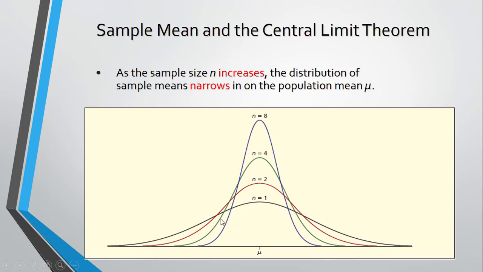Sample size 2, the red one, gets taller. Size 4, the green one, even taller. And sample size 8 is the tallest, the blue line. The sample mean narrows in on the population mean, so you have a better, more accurate estimation.